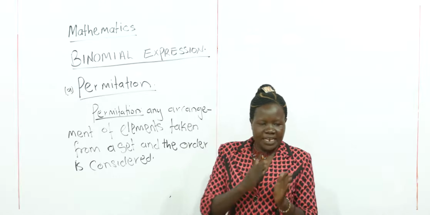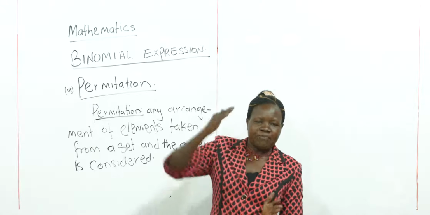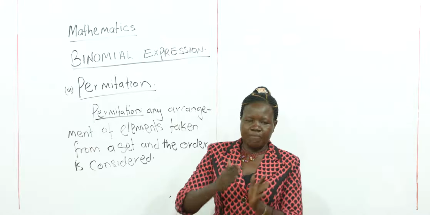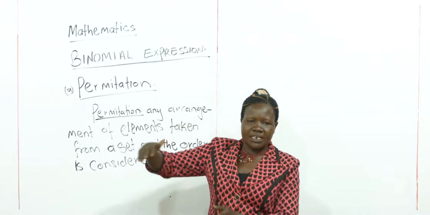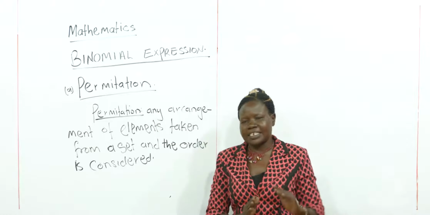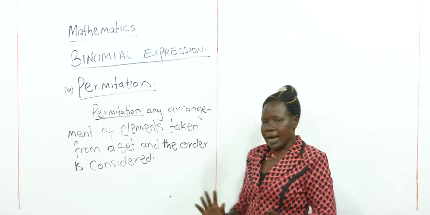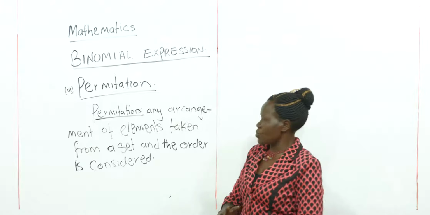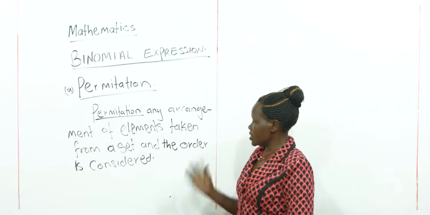Or we say let us start from the first position, or the first person, then the second, then the third, and the fourth. That is what we call arranging. That kind of activity is what we call in mathematics permutation.